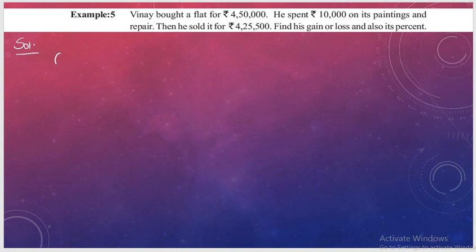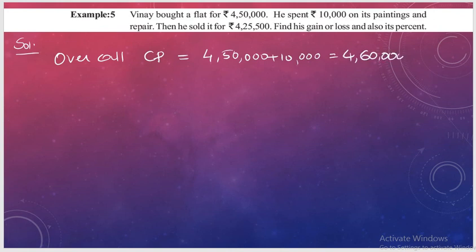So directly I can say overall cost price is equal to 4 lakhs 50,000 plus this 10,000, which gives me 4 lakhs 60,000. So including all the overhead expenses we have got 4 lakhs 60,000.